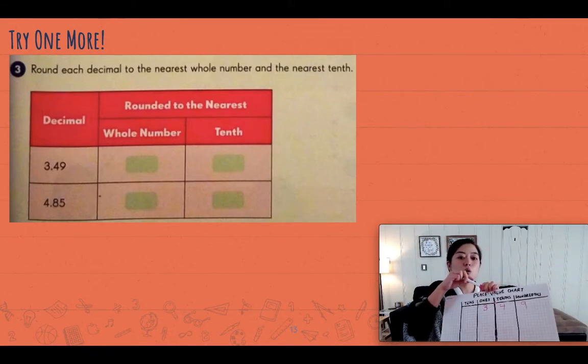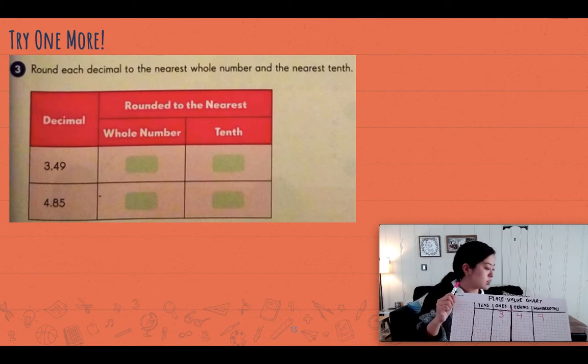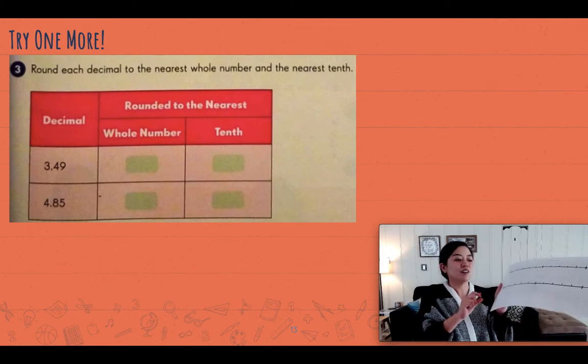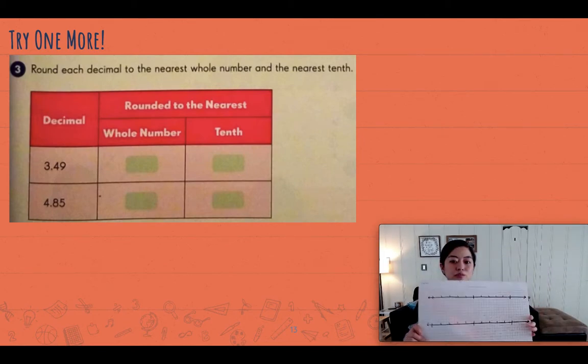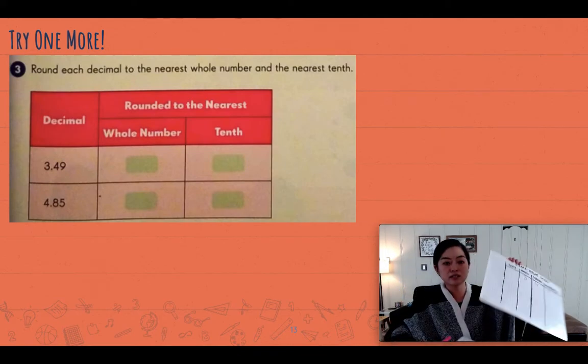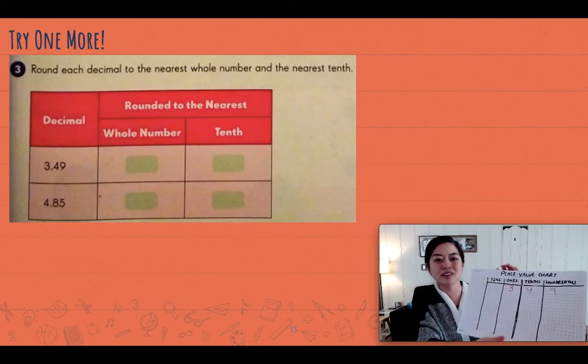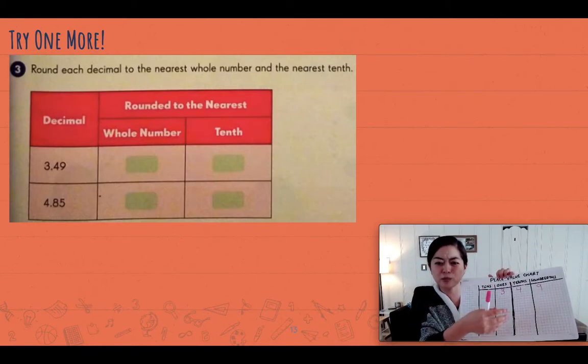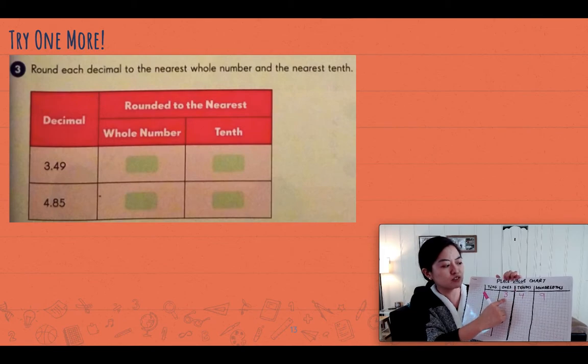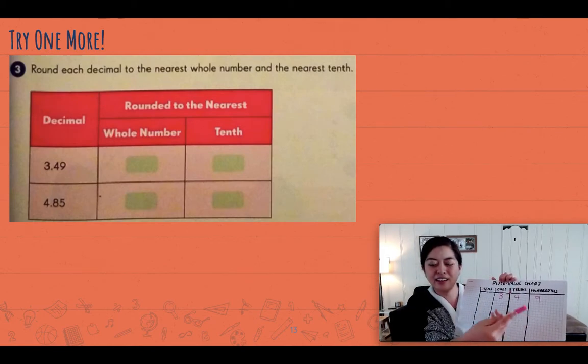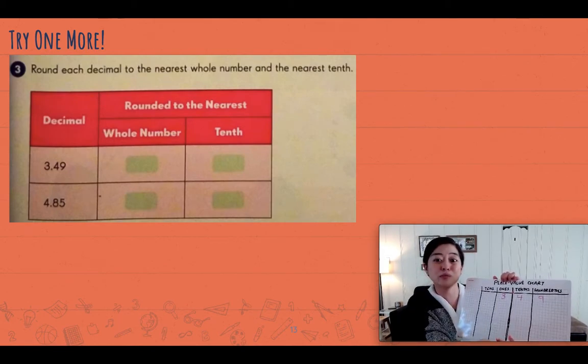First of all, it says that we're going to round it to the nearest whole number. So to figure out the starting point and end point of my whole number, where is 3.49 in between? Which two whole numbers?